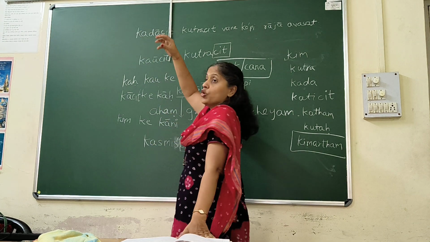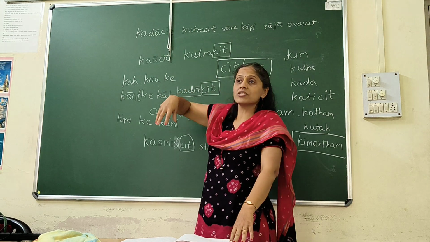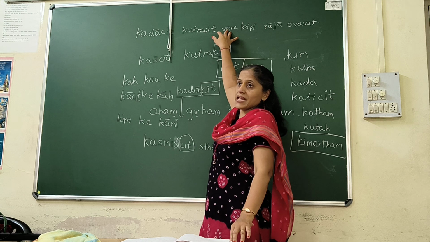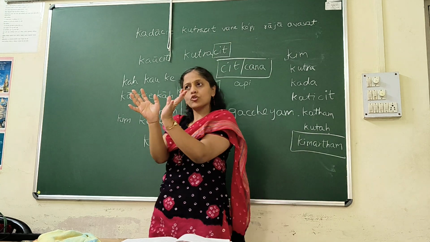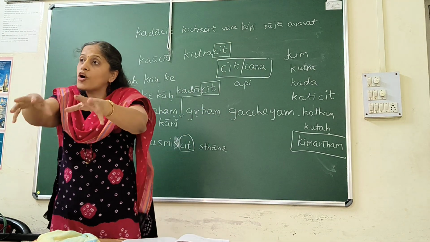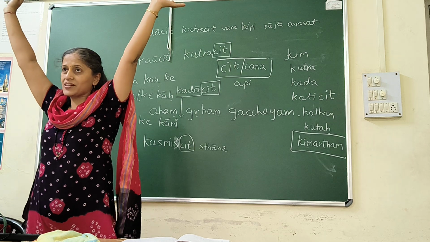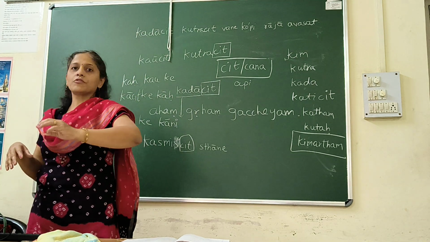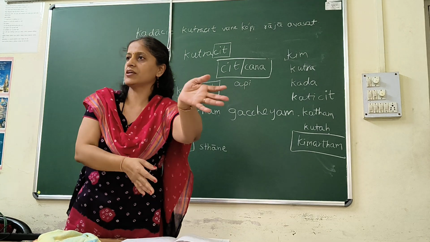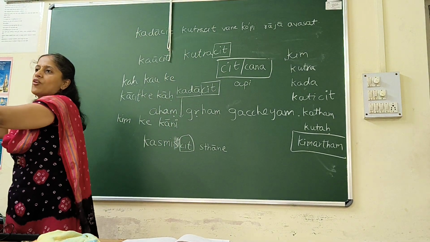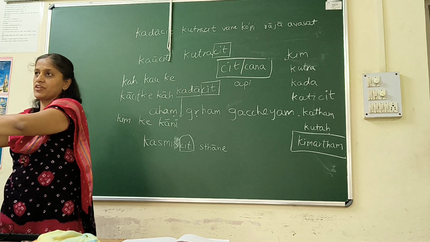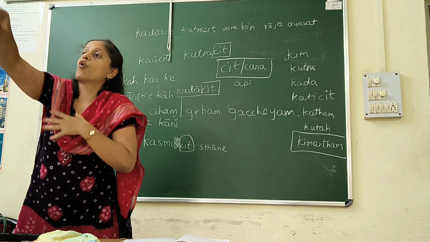Kadachit. I don't know exactly where he was living, so I will say kutrachit vane. I know he was living in a forest, but in which forest? The forests are quite big. I don't know exactly where in the forest, whether he was near the bank of the river, near the village, or inside the core area.